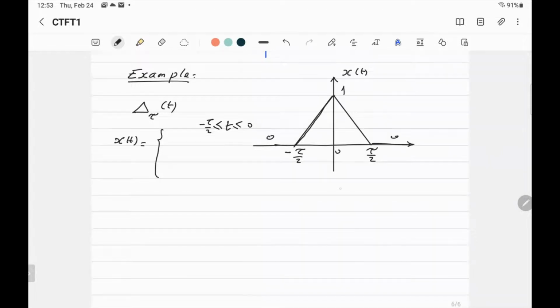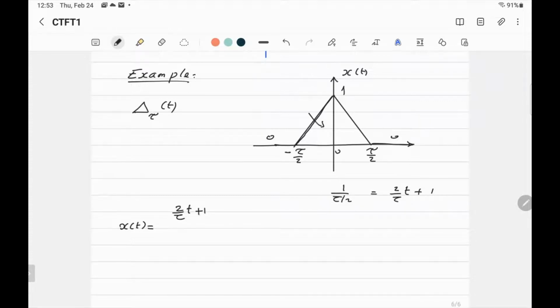The slope is equal to 1 over tau over 2, which means 2 over tau. And what's the intercept? It's 1. So we can write, let me make bigger space here, x of t equal to 2 over tau t plus 1 for this region.